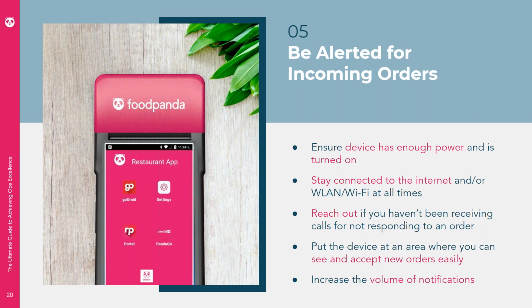When we cannot reach your restaurant, the system will make an automatic call to your venue, reminding you to check your device. Reach out to us if you do not receive these calls so that we can update your records. Lastly, please stay alert.